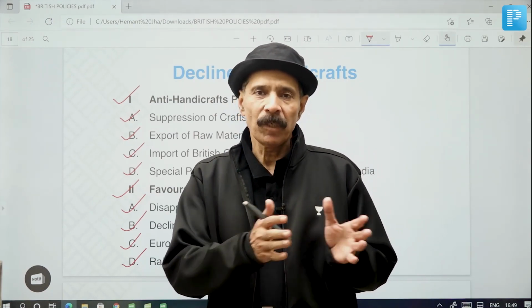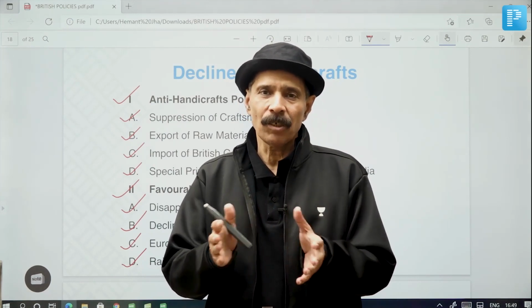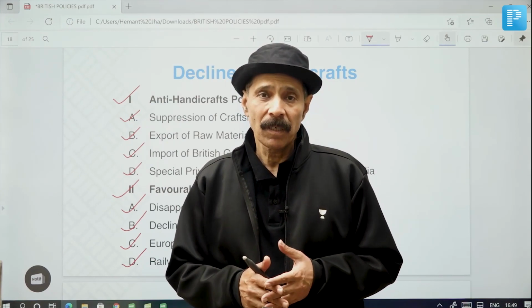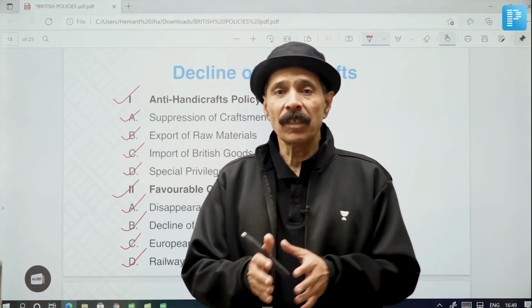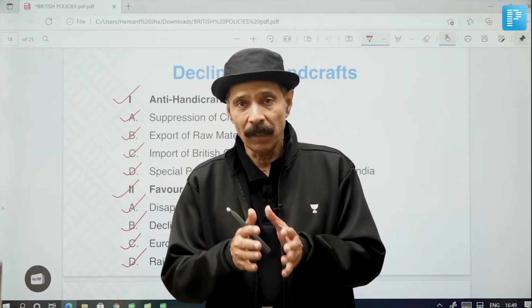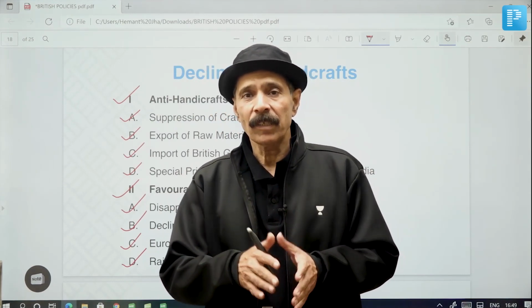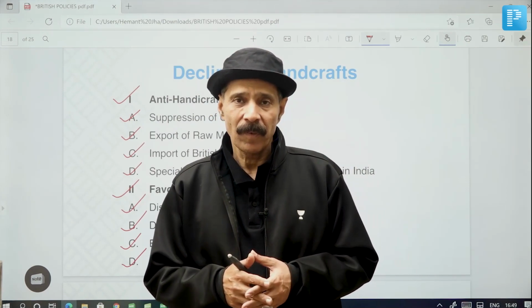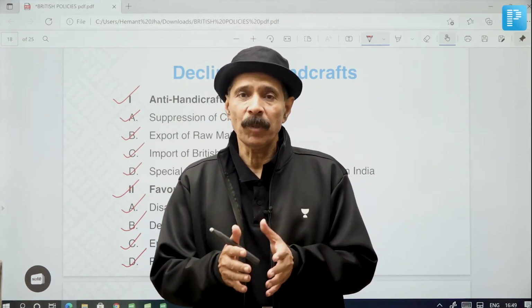So export of raw materials created a scarcity of raw materials in India, important for the development of handicrafts. And import of British goods created tough competition in Indian market with the handicrafts, where they lost because machine-made goods were cheaper.